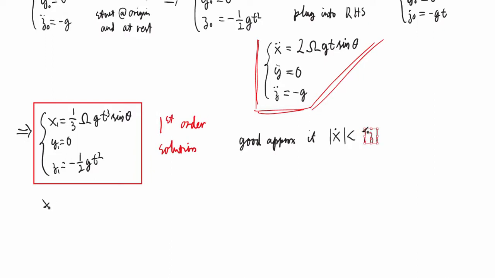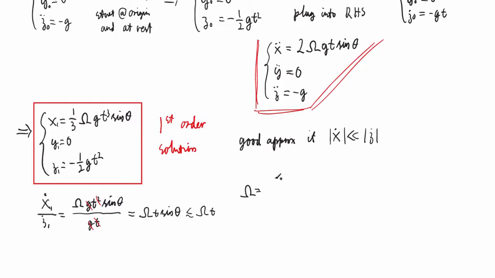If you look at x1 dot divided by z1 dot, well, the 3 goes in front here and counts as the 1/3. So we get omega gt squared sine theta divided by gt. So it's omega t sine theta, which is going to be less than or approximately equal to omega t.